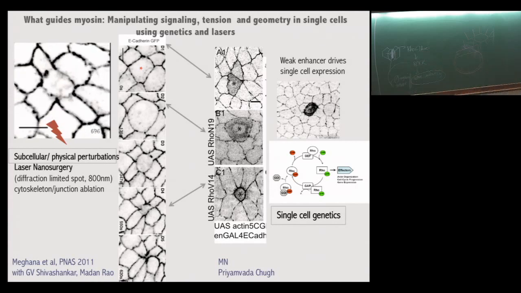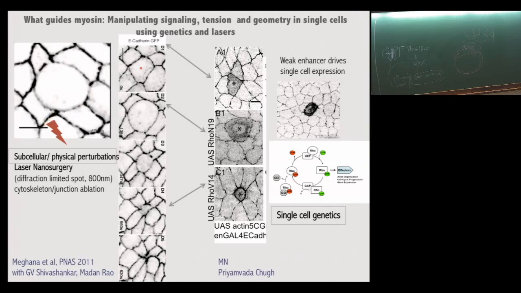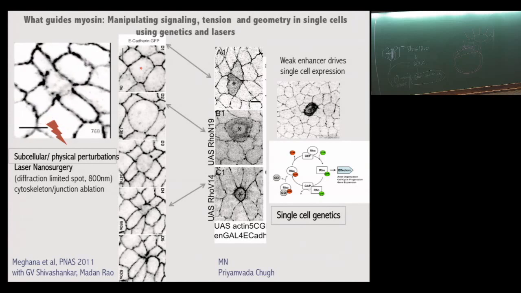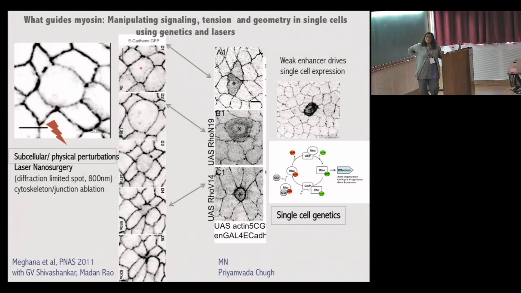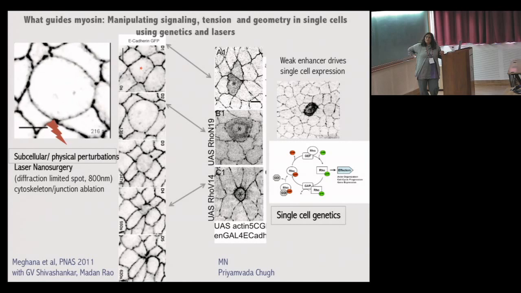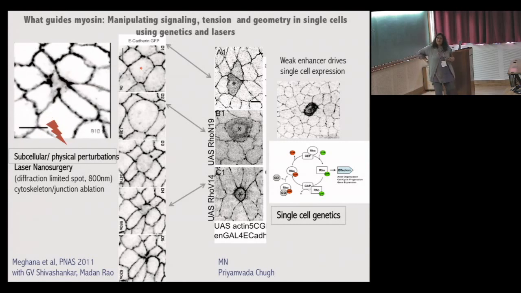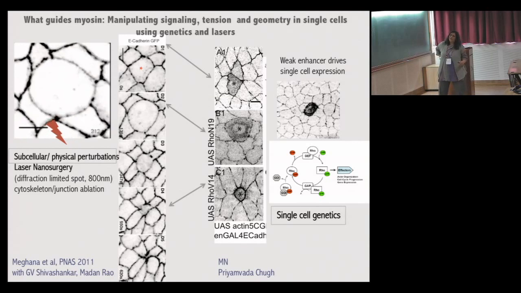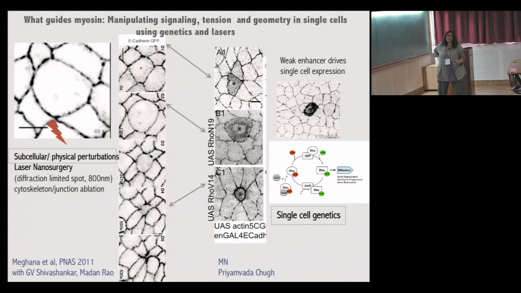So you can begin to ask if there's some sort of communication between cells that governs this pulsatility. And one can begin to ask that question by finding ways by which you can either perturb single cells in a sheet or use lasers to create changes in shape and geometry.